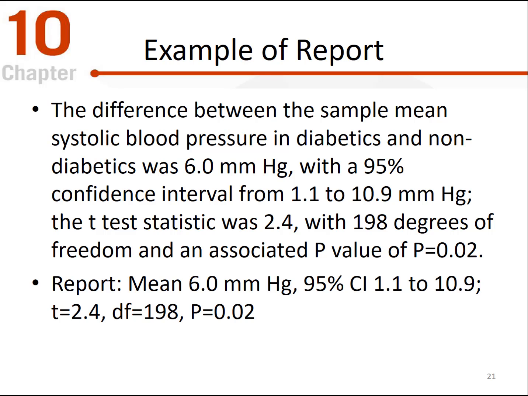So you report this in one sentence. You say the mean is 6 millimeters mercury, 95% confidence interval ranging from 1.1 to 10.9. Your t is 2.4, degrees of freedom 198, and your p-value is 0.02.